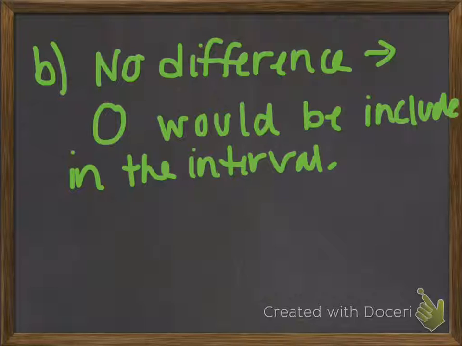That means it could be 0, it could be something above it or below it, but if 0 is in the interval, there is a chance that that's the truth. 0 is not in the interval.